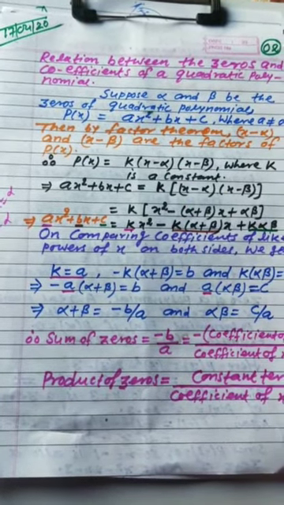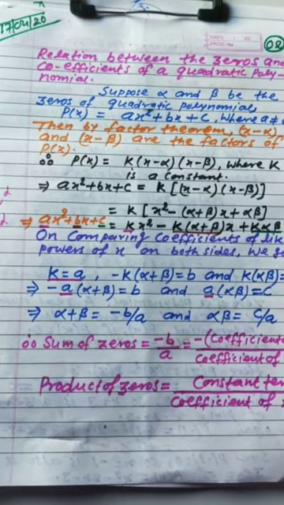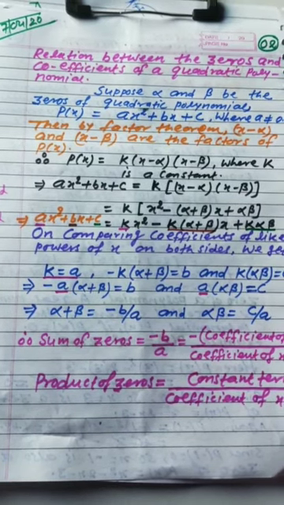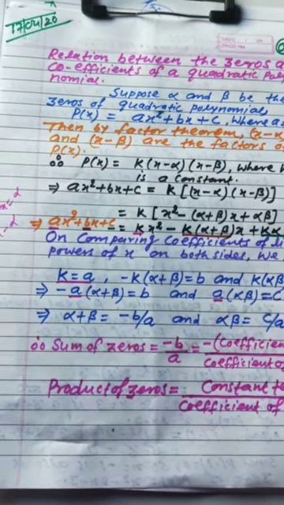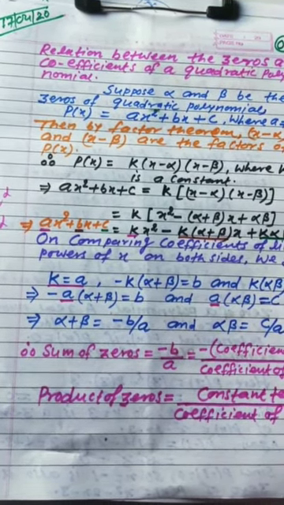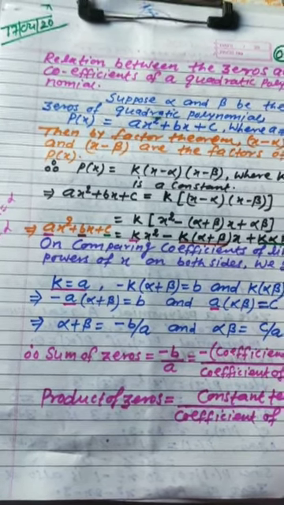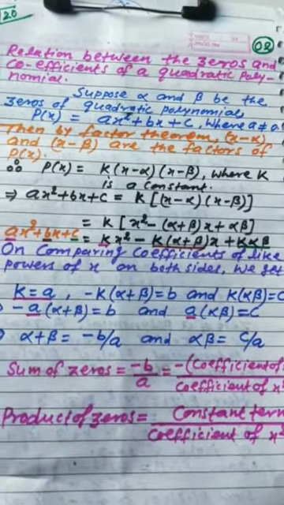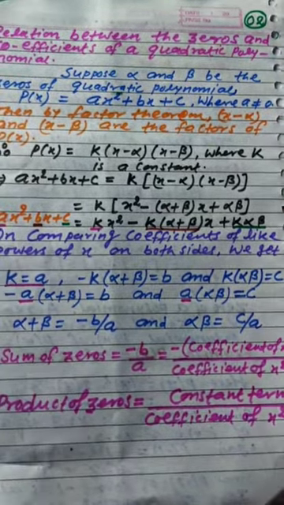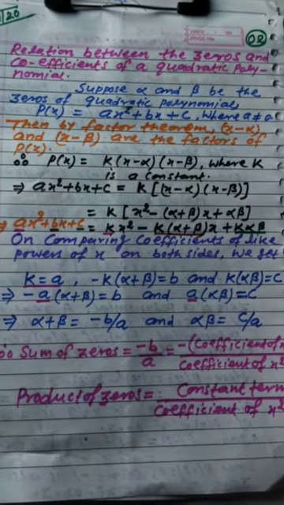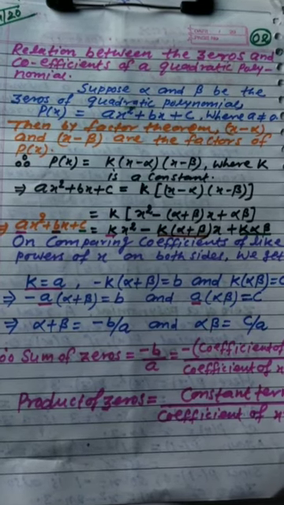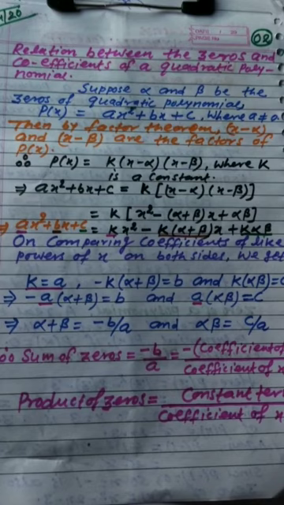By the factor theorem, x minus alpha, and similarly x minus beta, will be factors of p(x). Then we can write p(x) is equal to, these are the factors, x minus alpha and x minus beta.